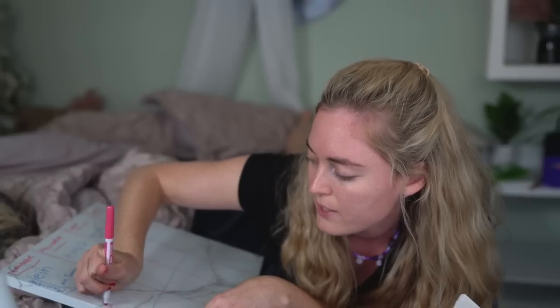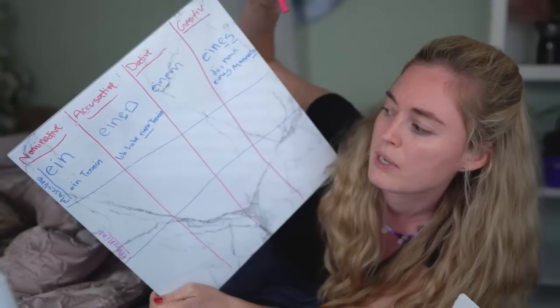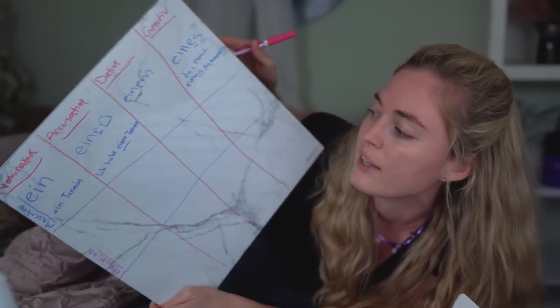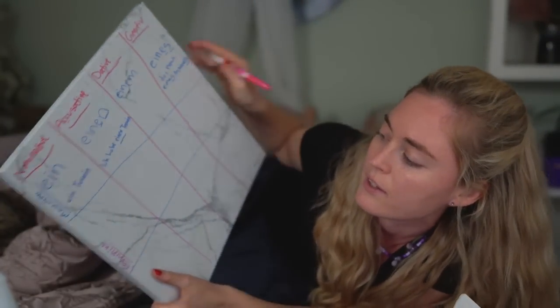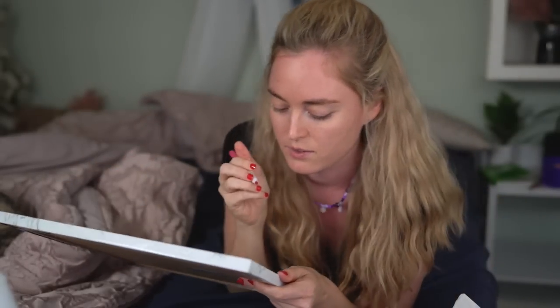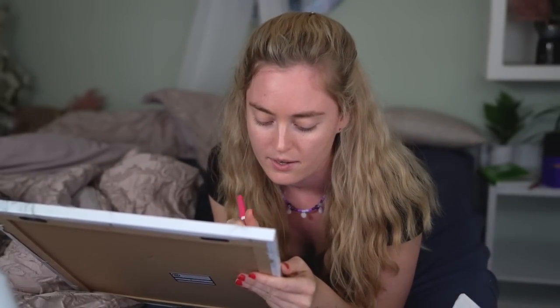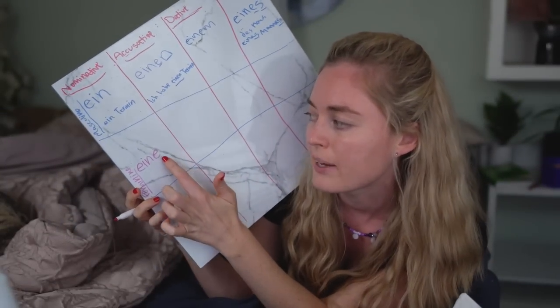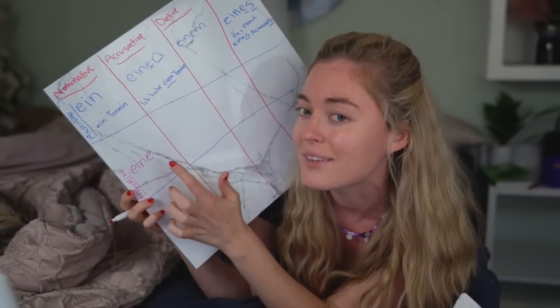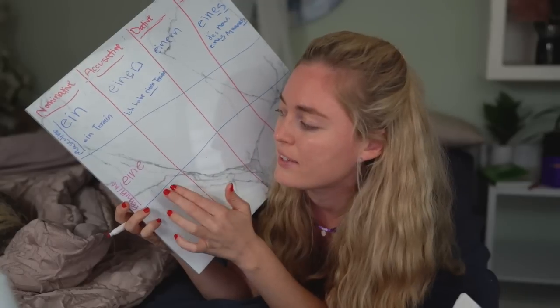So here's feminine. Masculine and then feminine is going to be, for nominative, eine, E-I-N-E, because when there's an E on the end in German, you pronounce it kind of like that, that's how I think of it, at least.